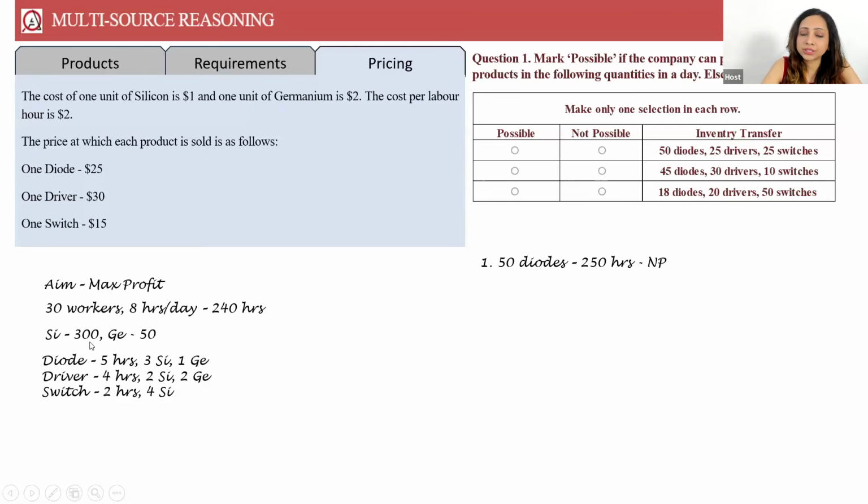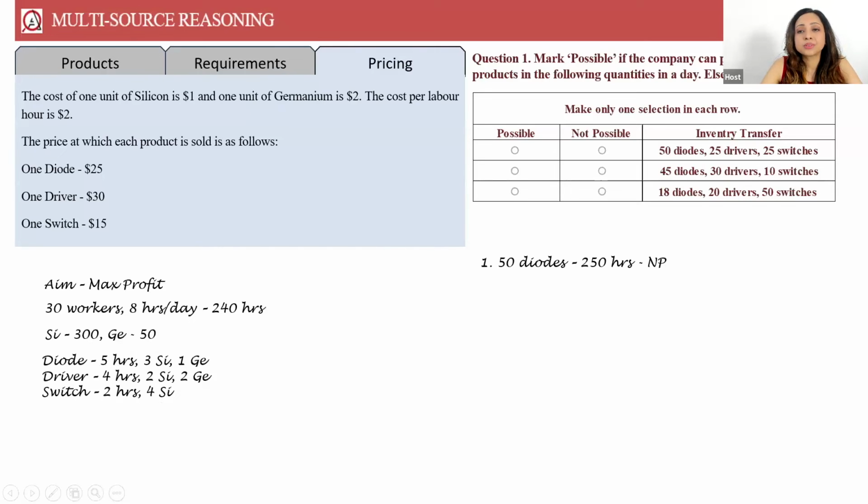We have silicon 300 and germanium only 50, right? This is a ratio of 6:1. But in a diode, you need silicon to germanium in the ratio 3:1, and in a driver, in the ratio 1:1. Actually, you have a lot more of silicon. In a switch, you need only silicon. So probably that is why it adds up.